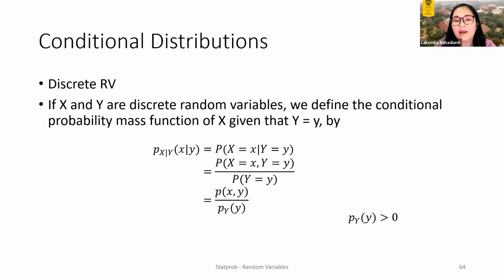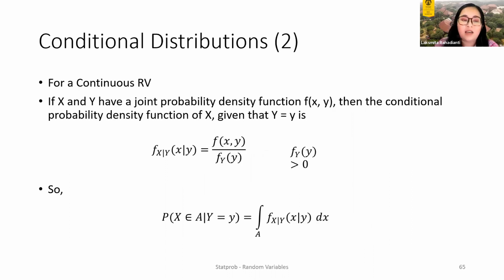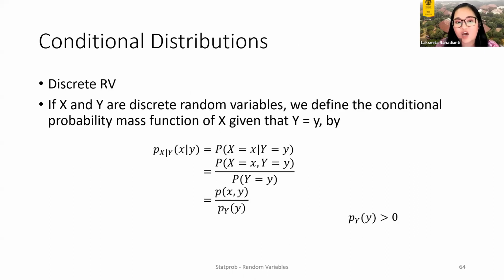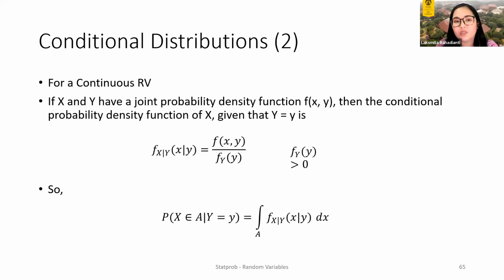And we end up with the same type of formula that we were already introduced to. And that goes as well for the conditional distributions of a continuous random variable. The only difference is that it's denoted using an F and not a small p. So here we use the PMF, and here we use the PDF to define the conditional distribution.